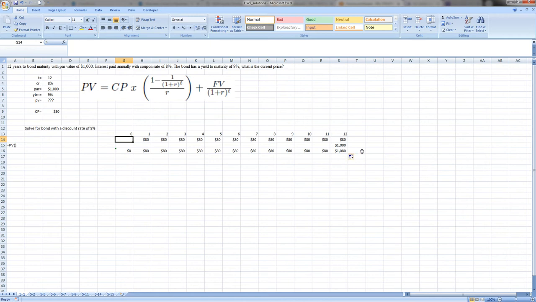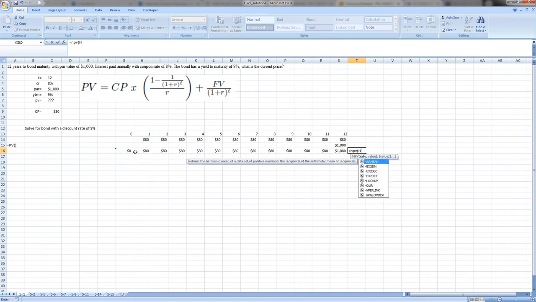So we could go ahead and guess. We could start by using the function NPV. And say, well, is equal to NPV with our rate of 9%.